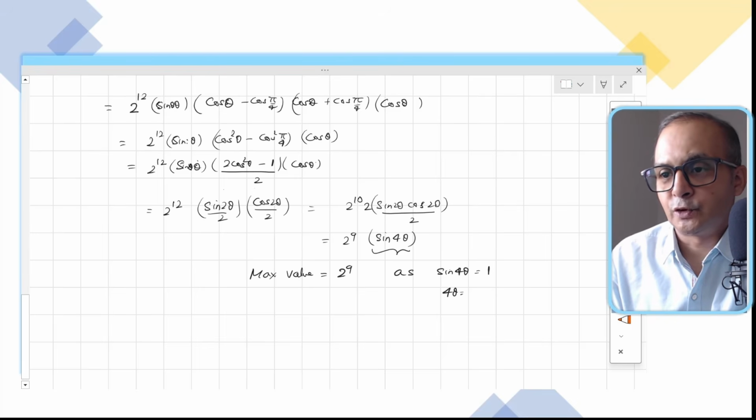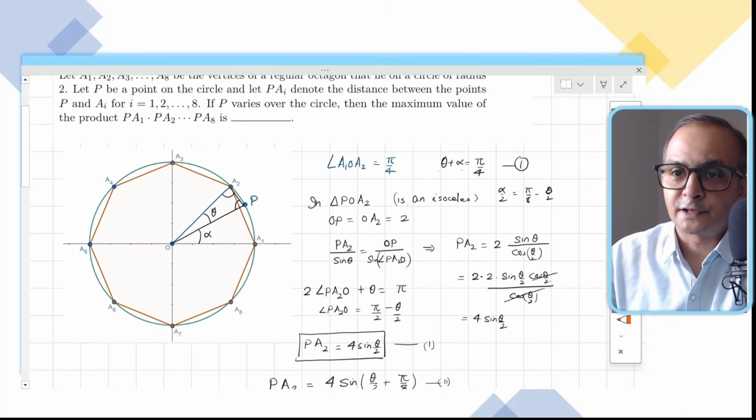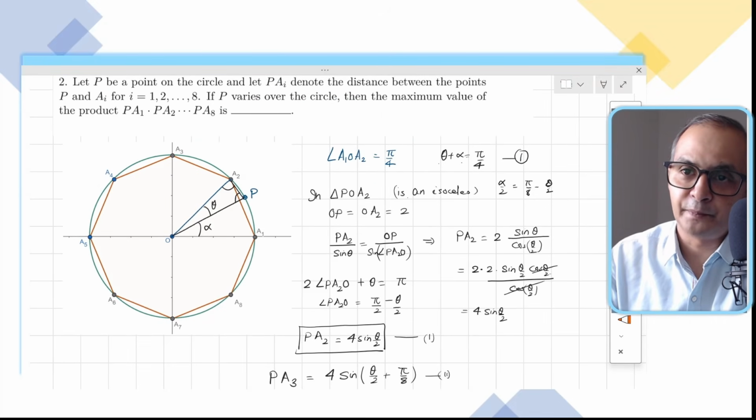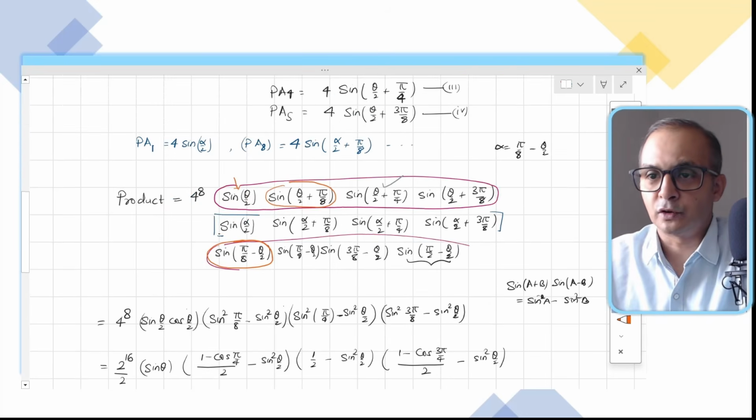Therefore 4 theta, you can see this is pi by 2. So theta was pi by 8. So in the beginning, when I started the question, I told you that the maximum value will be achieved when P is exactly in the middle of this arc, so that this angle made here is pi by 8. So in this way, by using the trigonometry, we can also solve this question.